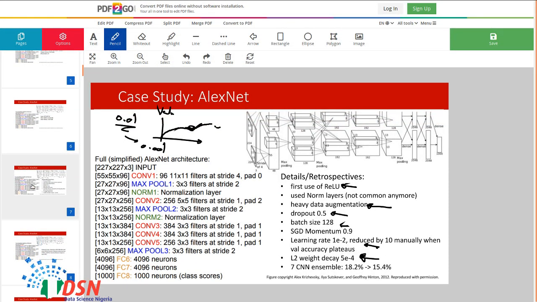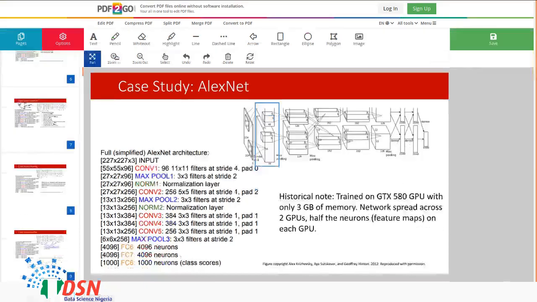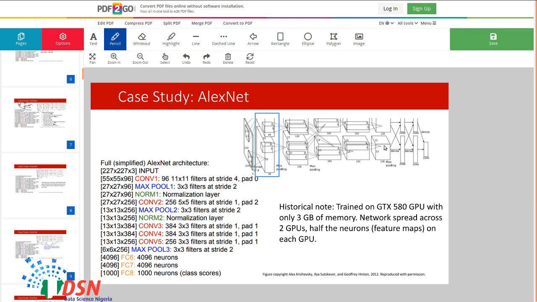Let's move on. If you see this double path, don't worry about it. These are actually the same network, but because in 2012 the video cards were not very powerful, and they used GTX 580 to train the model, for this reason they split the network into two networks.